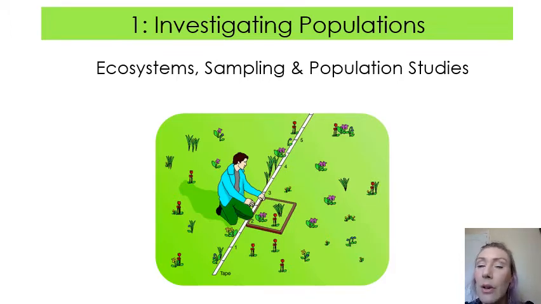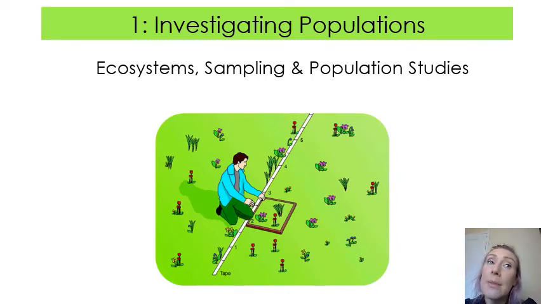Okay, so scientists need to develop ways of sampling populations so that they can make good, reliable population estimates, so that they can study the size of populations and whether they change over time and how they compare to the populations of other species.